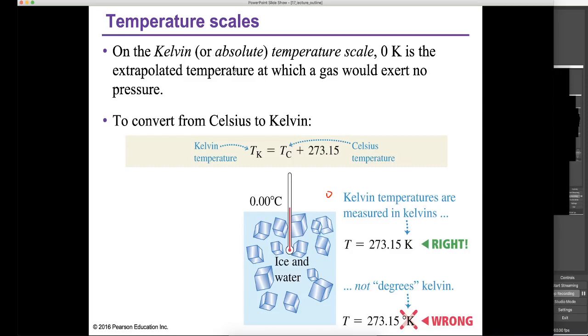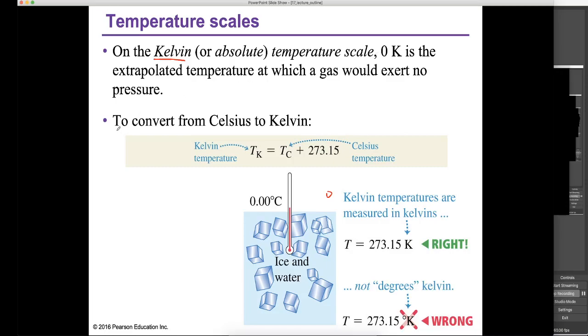Due to the absolute 0 degree, we define another type of temperature scale, which is the Kelvin temperature scale. In the Kelvin temperature scale, 0 K is the temperature that the gas has no pressure, or it's the absolute 0 degree.